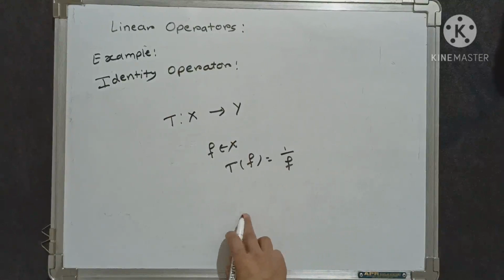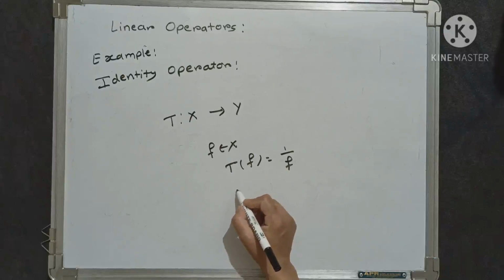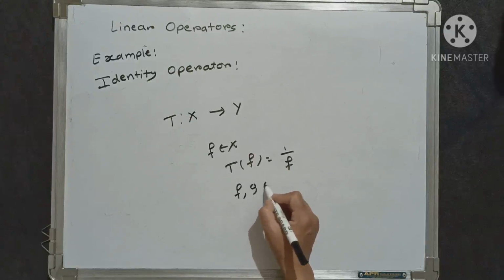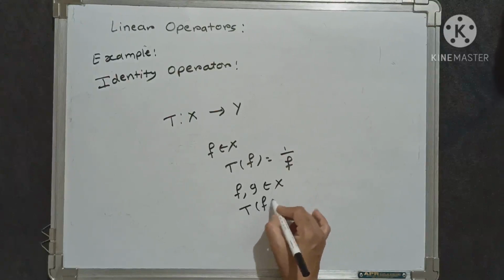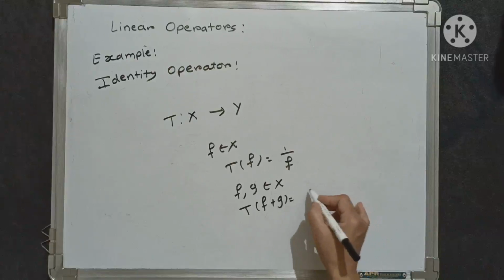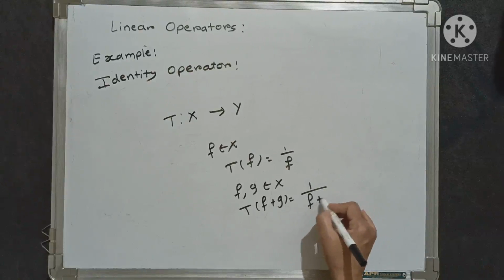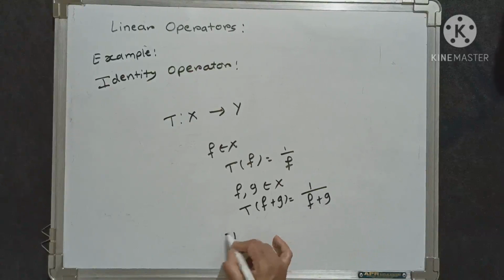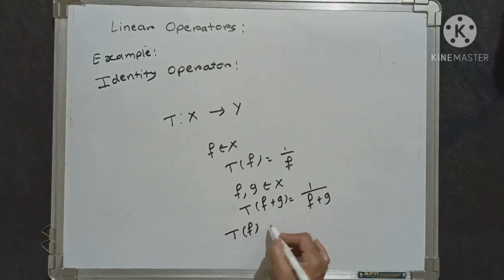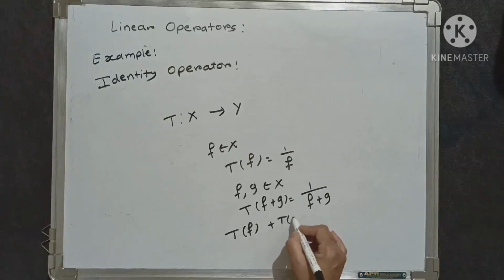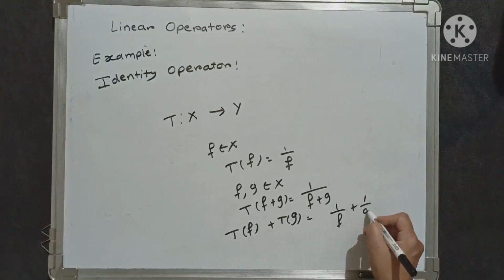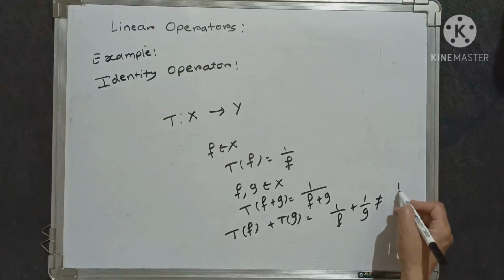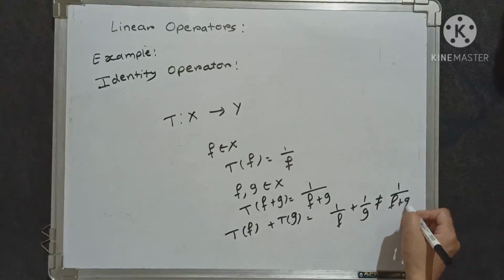Then in this case, if we take two elements f, g belongs to capital X, then T of f plus g equals 1 by f plus g. Also T of f plus T of g equals 1 by f plus 1 by g, and that is not equal to 1 by f plus g.